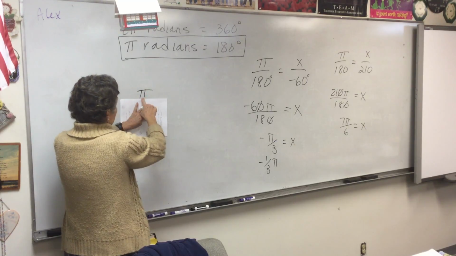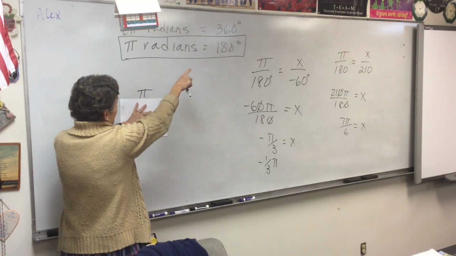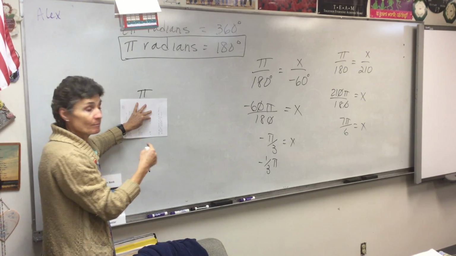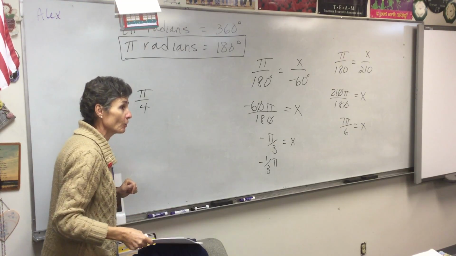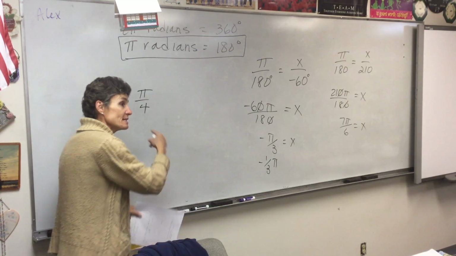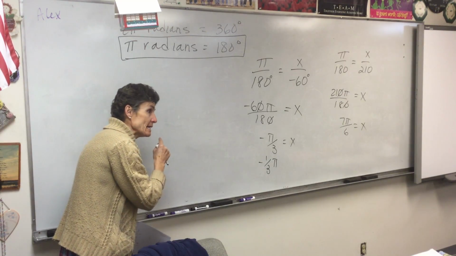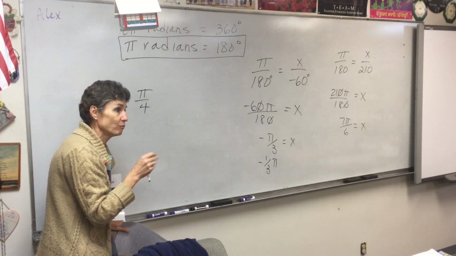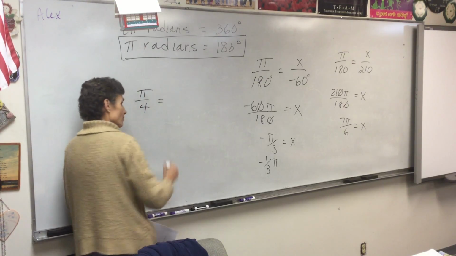What would pi radians be the same as? 180. So if I just had pi, it'd be 180. But I have pi over 4. So this is the same as 180 divided by 4. It's a fourth of 180.